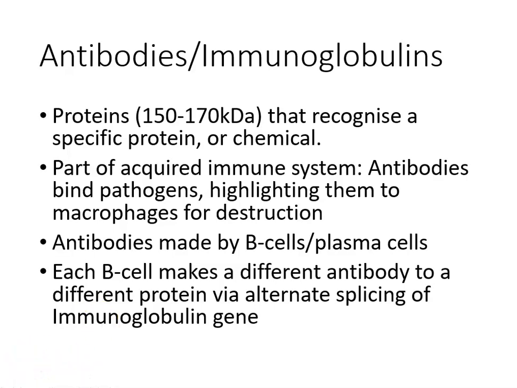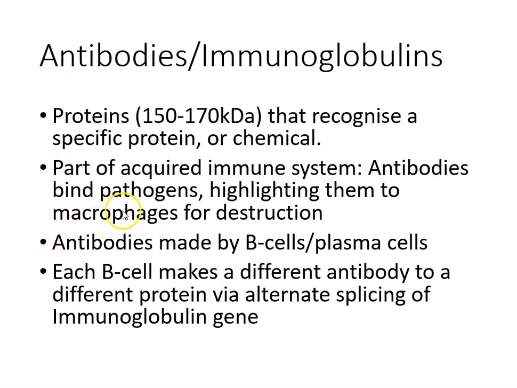So naturally, antibodies are an important part of the acquired immune system. So antibodies, as you hopefully know, will bind pathogens or anything that is foreign. So anything that is not naturally produced by the host, the human body in this case, anything that enters that body that is not host could be flagged up by an antibody as being foreign.